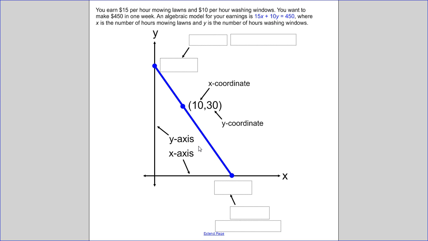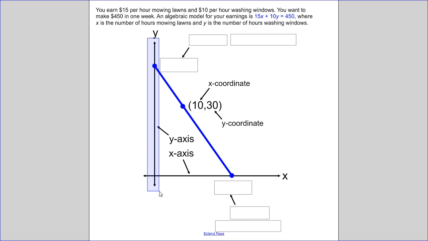Okay? Now, this point here is a very special point on this graph because it's the point on the graph that is on the y-axis. So what do we know about this point? We know one of the coordinates of this point, because what's true about every point on the y-axis?